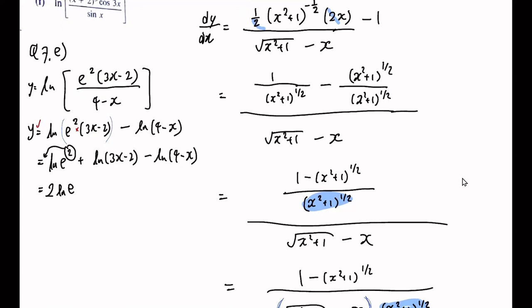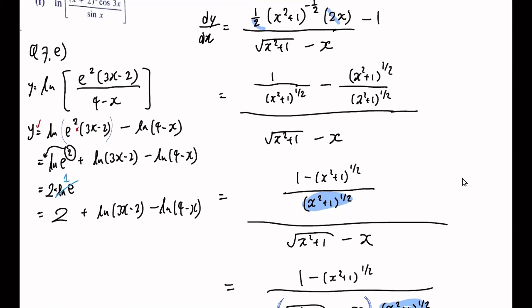More importantly, what's ln e? ln e is 1. So 2 times 1. Not plus. 2 times 1. So it's 2, plus ln 3x minus 2 minus ln 4 minus x.